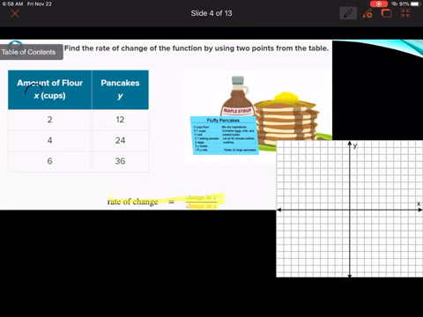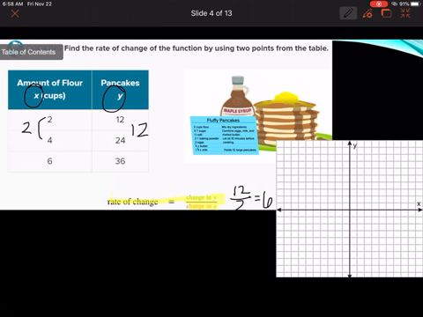So this is x and this is y. So I have to figure out how much this goes up. That goes up by 2. This goes up by 12. So now I put the 12, because that's y, over 2. I reduce, so it's 6.